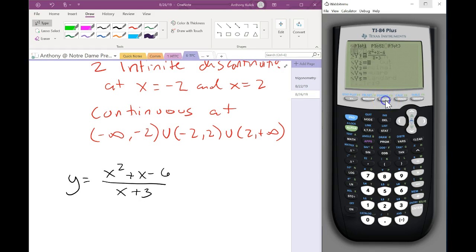So let's look at the graph of this. So we'll do zoom standard. Do you see any discontinuity? No. If we look at the function, should there be a discontinuity?